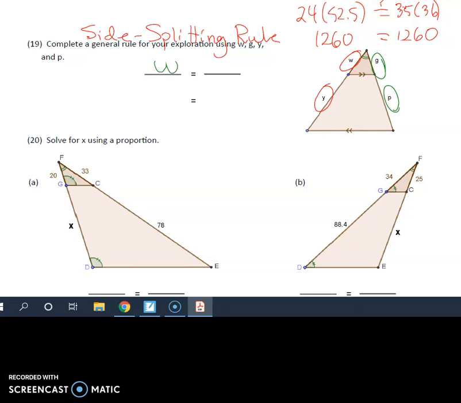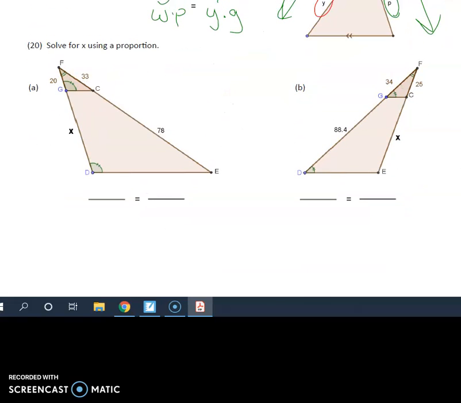So the W goes to Y as G goes to P. So I'm basically going top to bottom in this case. When I cross multiply, I get W times P is equal to Y times G. So you may have a different proportion set up, but as long as our cross multiplication answer is the same, WP is equal to YG, your proportion will also work. So this is called the side splitting rule.